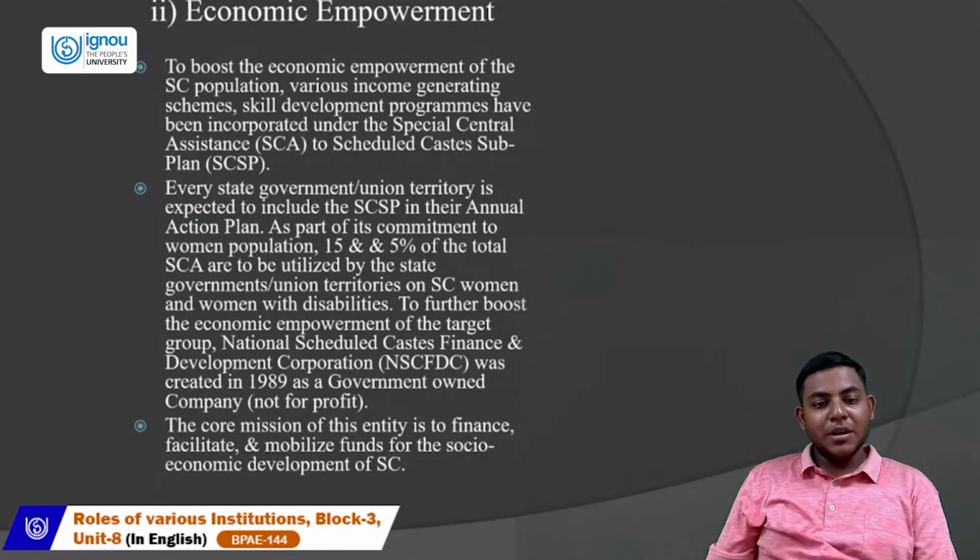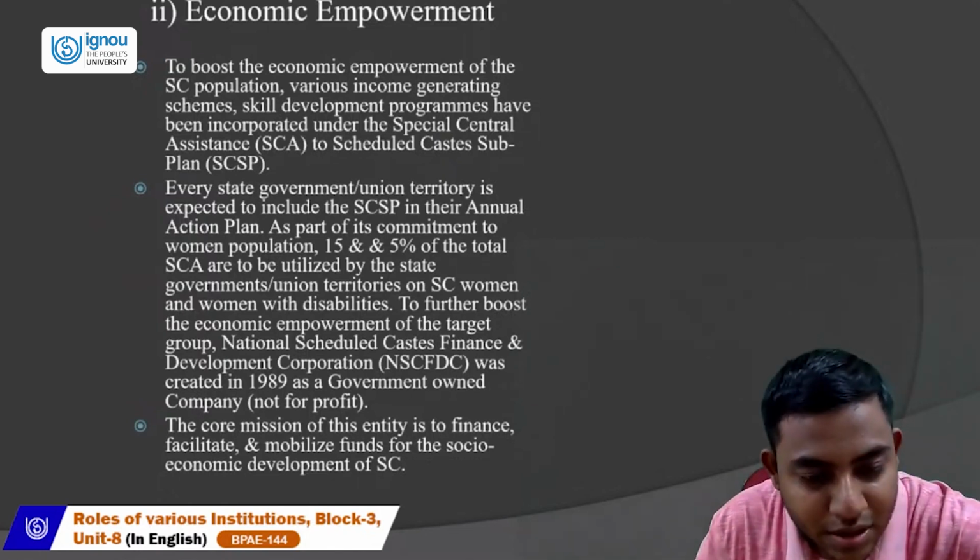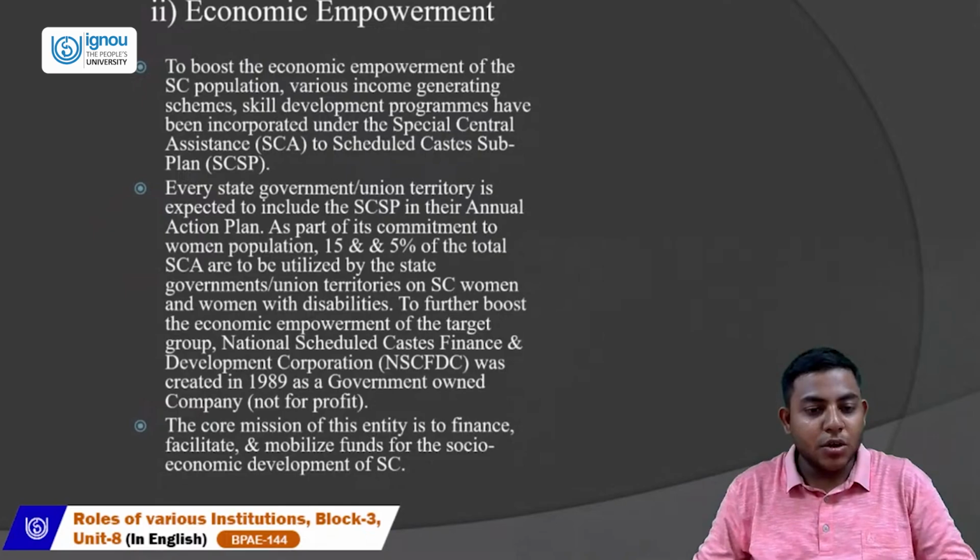As part of its commitment to women, 15 and 5% of the total special central assistance are to be utilized by the state governments or union territories on scheduled caste women and women with disabilities to further boost the economic empowerment of the target group.